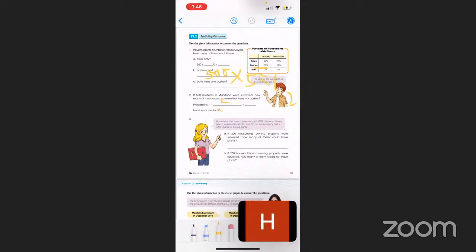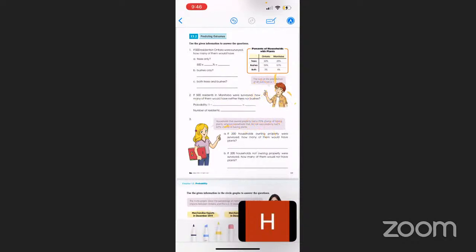So again, we have to convert 59 to decimal. So 59 we divide by 100 to convert to decimal. So we get 0.59. Okay, can you multiply 0.59 by 500 to find the amount of people? 295. So these are the amount of people that have bushes.